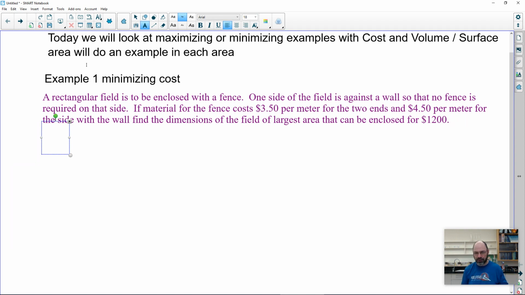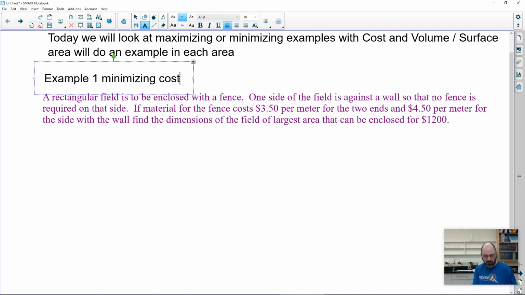So let's work this one out. This is like our area ones that we were doing, except we are going to use the cost equation instead of the perimeter, to get one variable in terms of the other, and then we're going to maximize the area of the field. So we're actually not minimizing cost in this example.